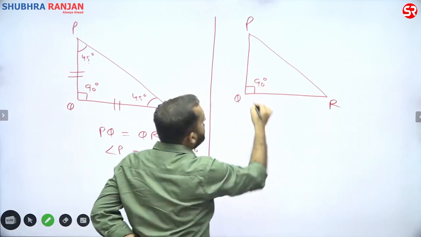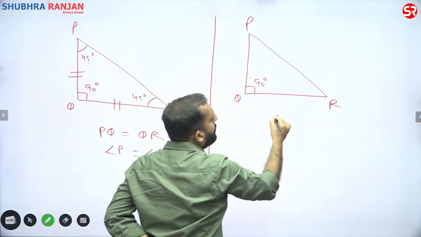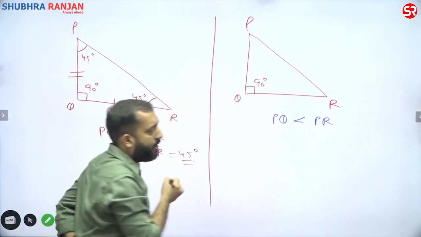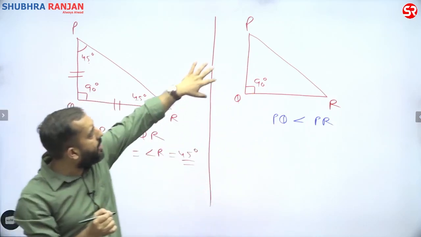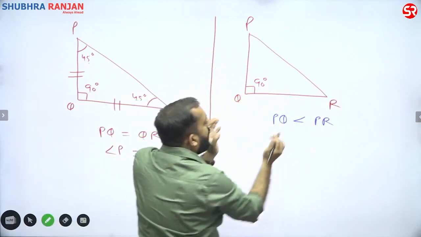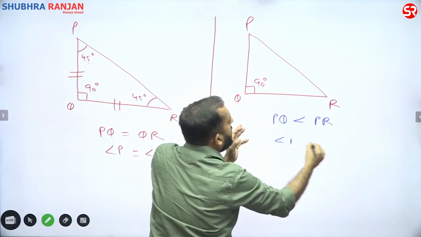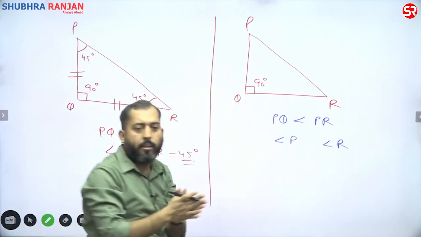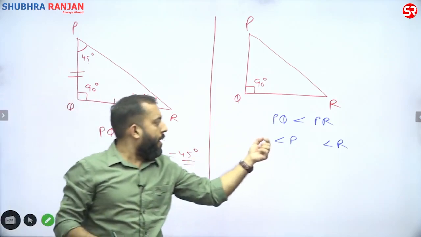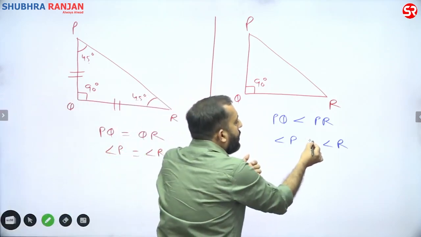Now, suppose in this case, PQ is less than PR. If PQ is less than PR, this side is less than this side, then what can you say about angle P and angle R? They're going to be different, but is angle P greater?